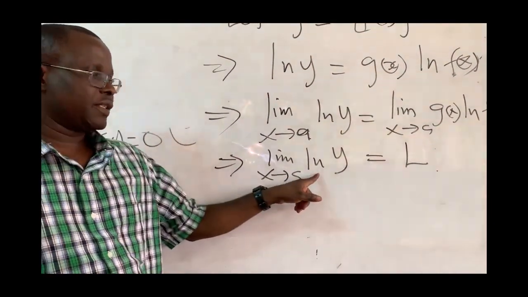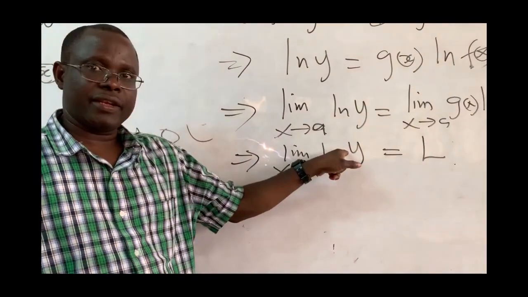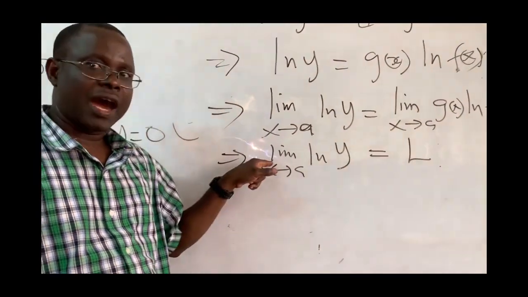Now when you get here, there's a nice trick to use in order to get your y back. Because ln is a continuous function, you can take the limit inside and pull the ln out.